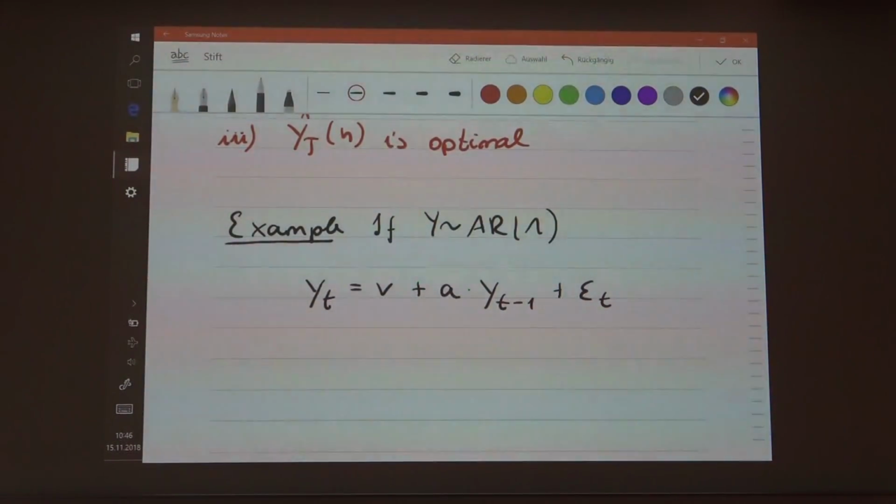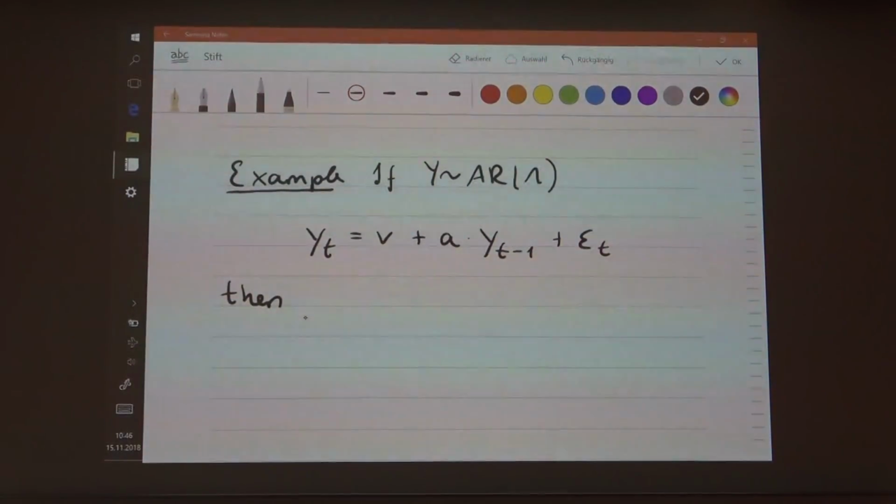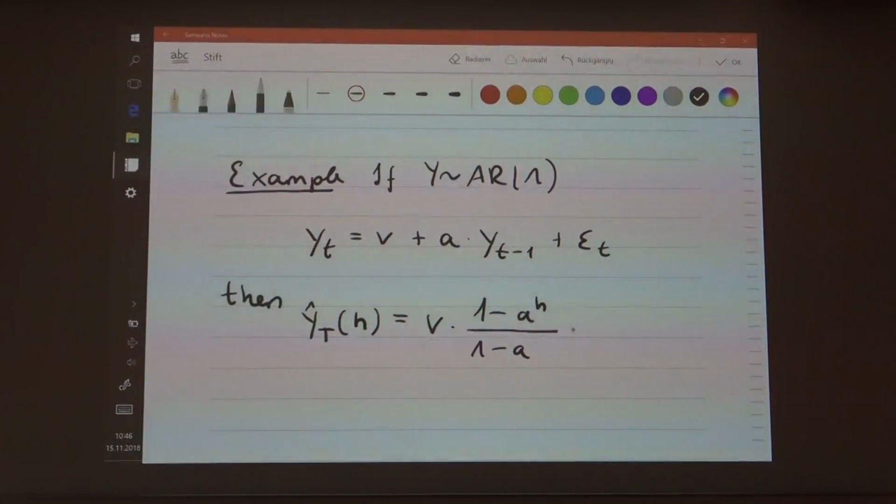Then the forecast at time capital T for time T plus h is going to be as follows: v times (1 minus a to the power of h) divided by (1 minus a), plus a to the power of h times y_T. This is going to be the forecast.